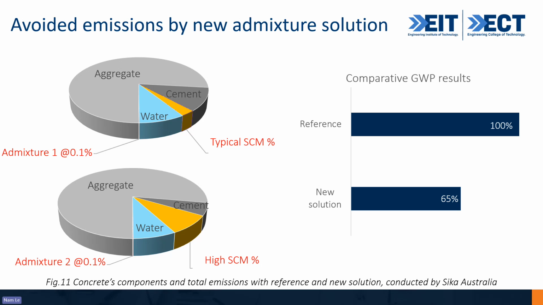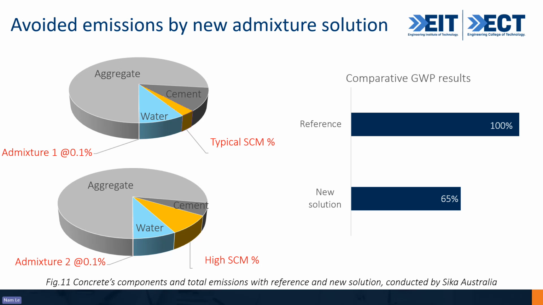And nowadays, all the concrete companies use SCM like slag or fly ash, right? In this study, assume that people use about 20% of the slag or fly ash, which we could say is a typical percentage of SCM. And then we have concrete, say around a grade of 40 megapascal.